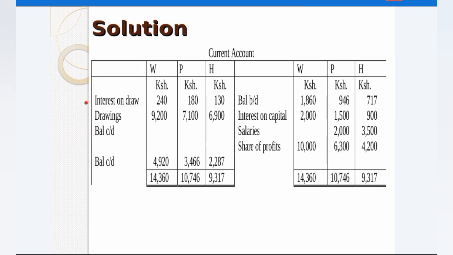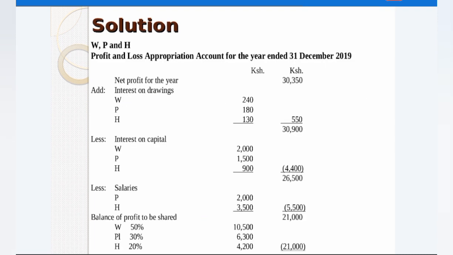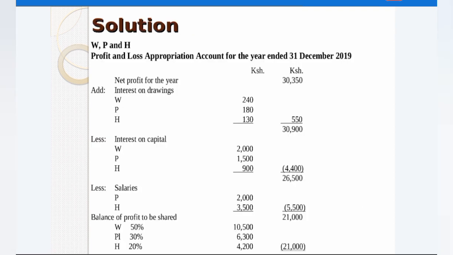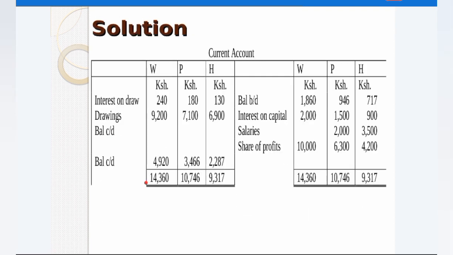Then you now debit this account with interest on drawings we were given. You can see the interest on drawings, which is presented under number 3 of the illustration. Interest on drawings 240, 180, and 130 for W, P, and H respectively. We have been able to present it in our account.